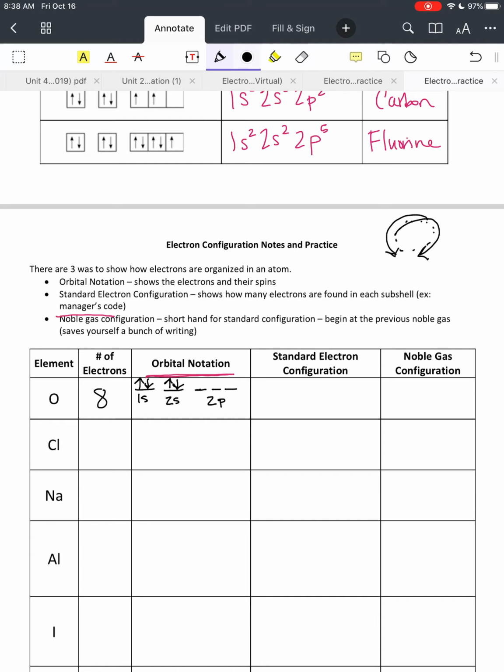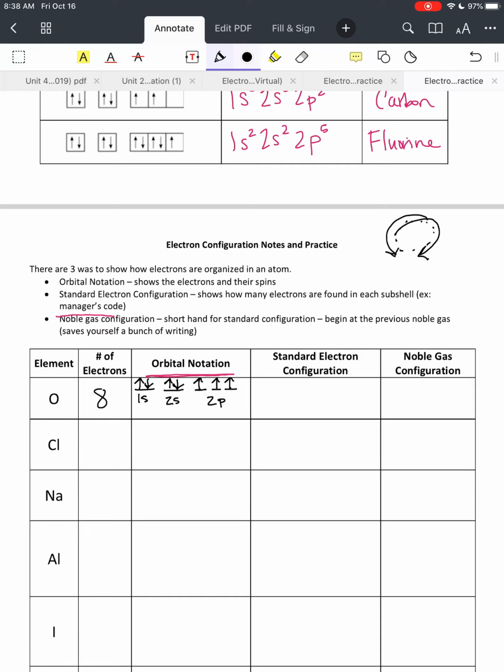So then when I get to 2p, remember Hund's rule tells me that I have to put an electron in each bed, or each orbital, before I can double up. So I know I already have 4, so I need 4 more. So 1, 2, 3, there's 3 of them. Notice I drew them all with the arrows pointing up, because that is part of Hund's rule also.